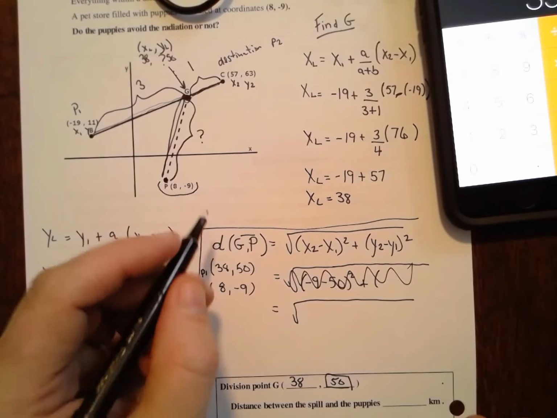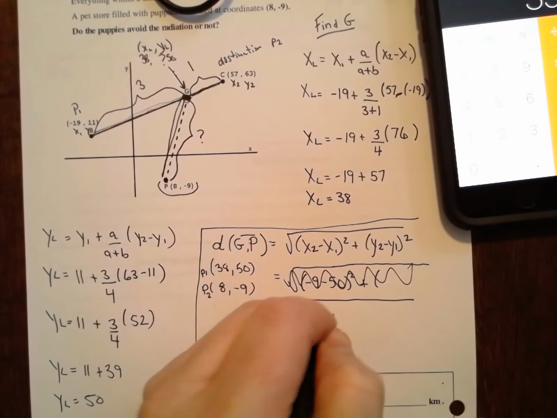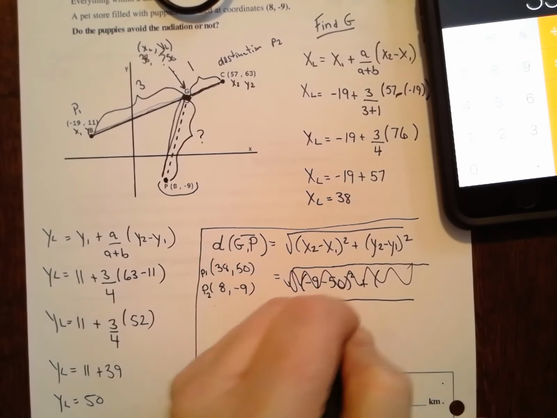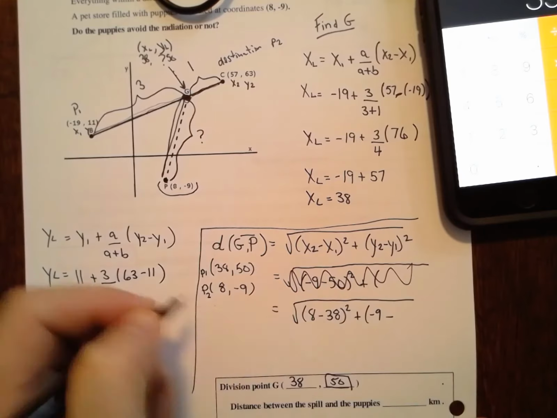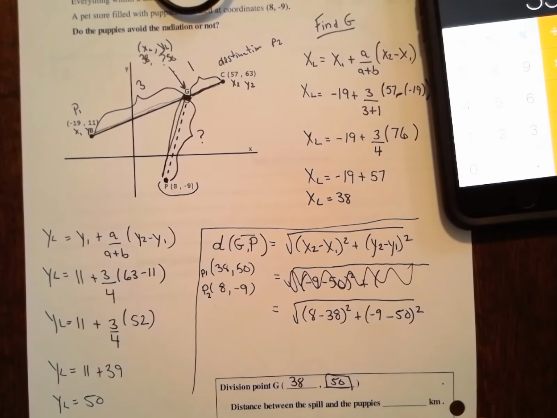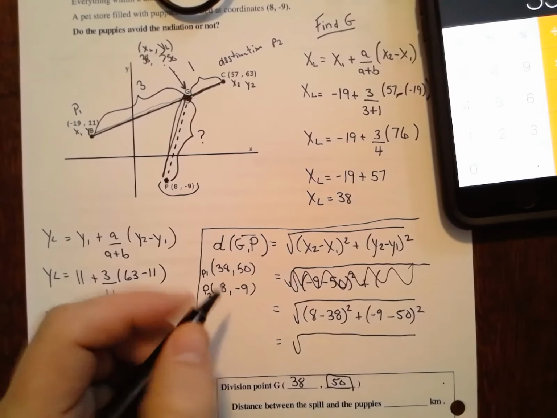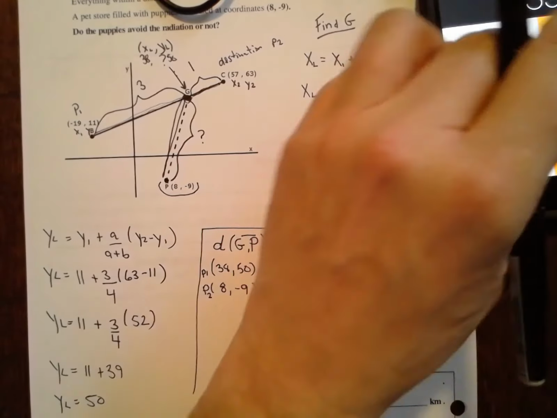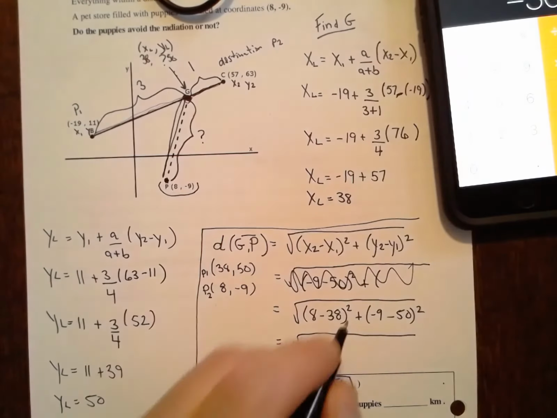So x2 is 8 minus x1, which is 38, squared, plus y2, negative 9, minus y1, which is 50, and then we're going to square that. So 8 minus 38 equals negative 30.